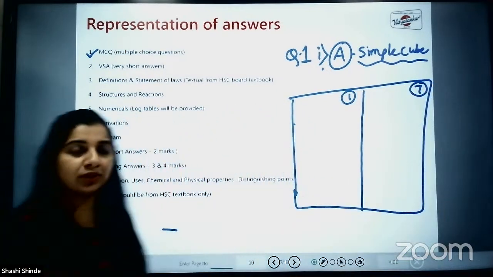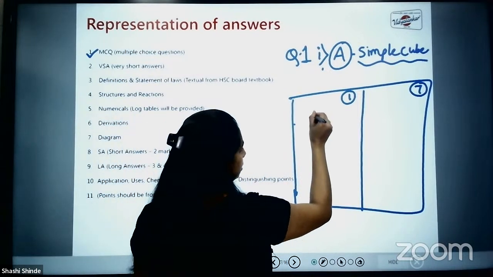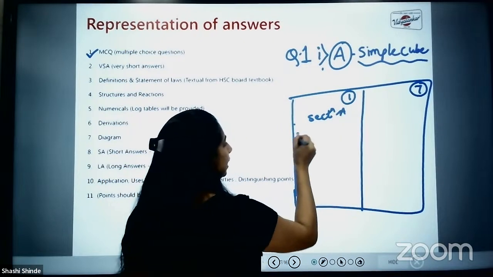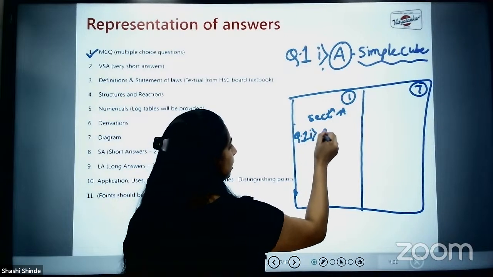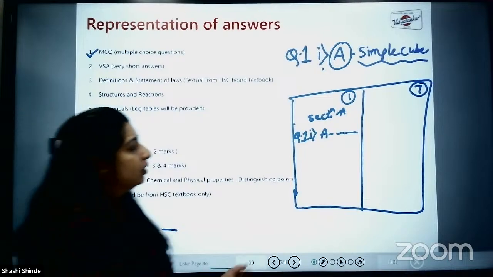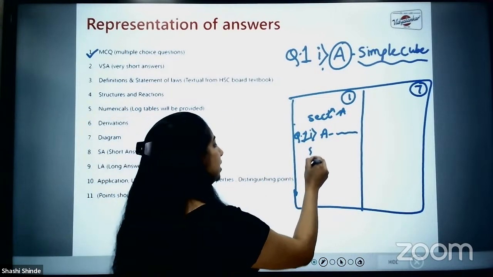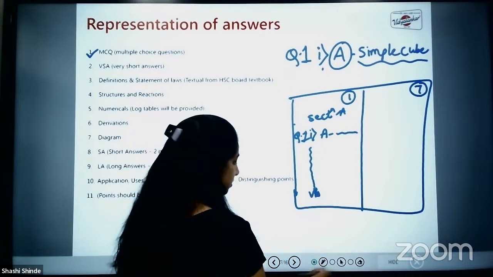There are certain students who solve the questions of section A on page number 1, and they write the answer of question number 1 as A followed by its correct answer. Then they solve the same questions again. So here also you will write all 8 questions, 8 answers.